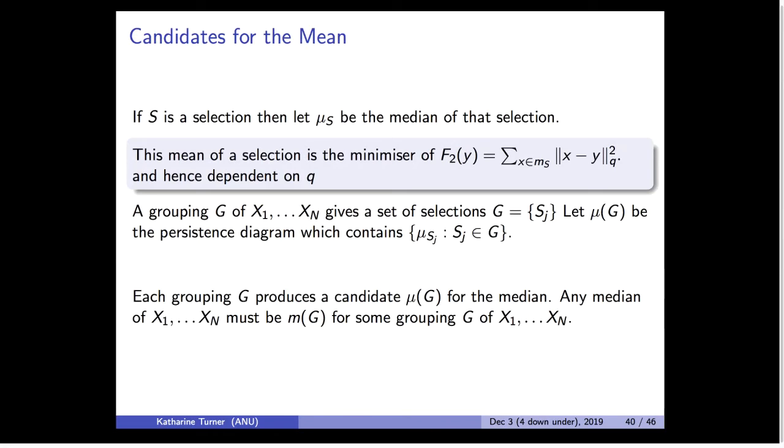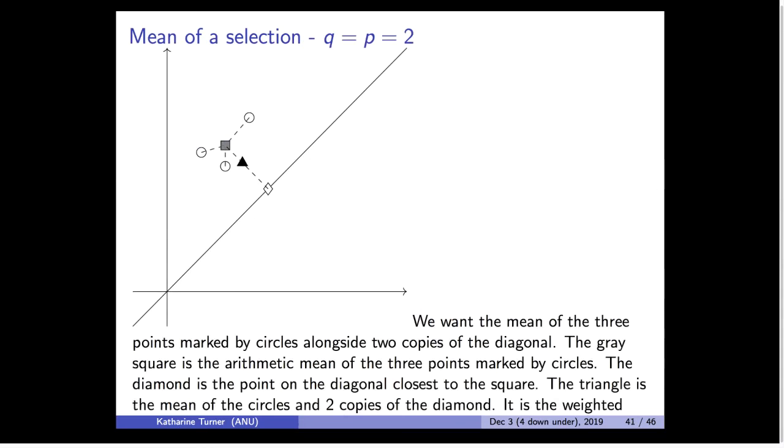Then for every grouping, I have a set of selections, and in each selection I have a single point, which is the mean of that selection, and that gives me a persistence diagram. That's my candidate for the mean from this grouping, and each mean will be some candidate from some set of groupings.